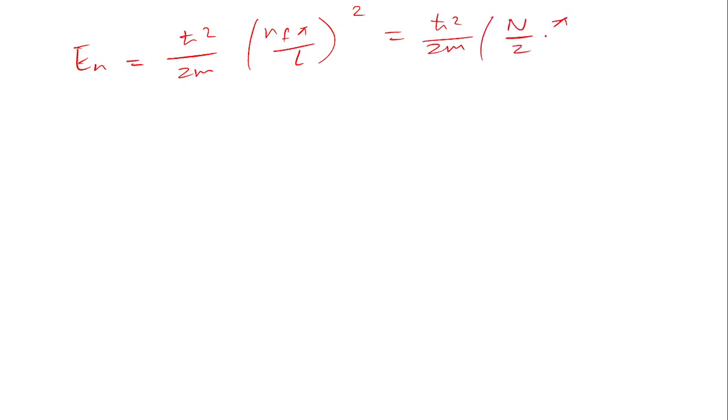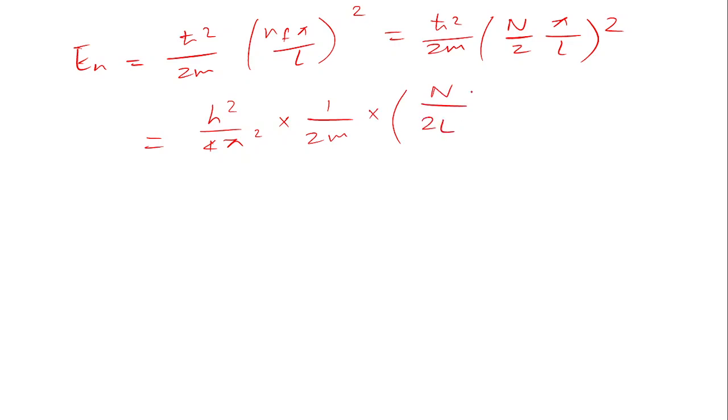So here, for 1D, we use the formula h bar square divided by 2m, nf pi by L, whole square. This will be h bar square divided by 2m, n by 2, pi by L, whole square. Again, h bar is equal to h over 2 pi, so h square by 4 pi square, multiplied by 1 over 2m, and this will be n divided by 2L square.